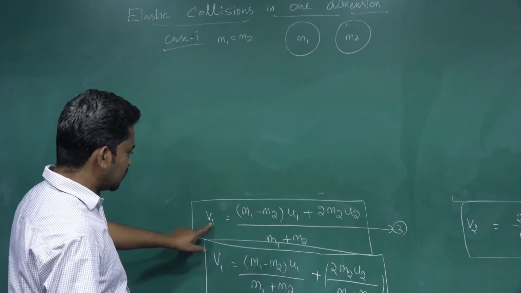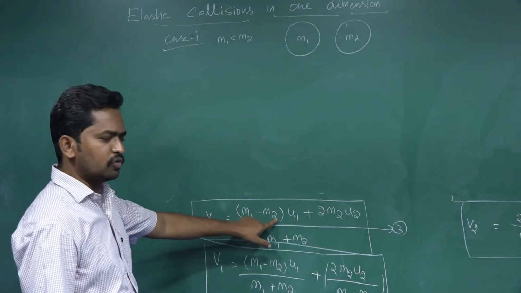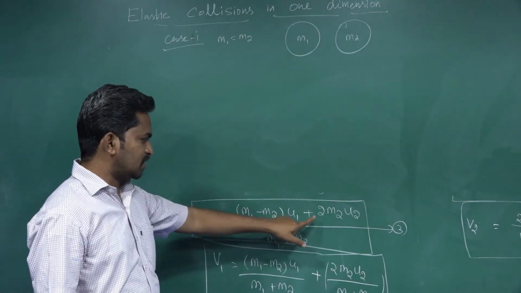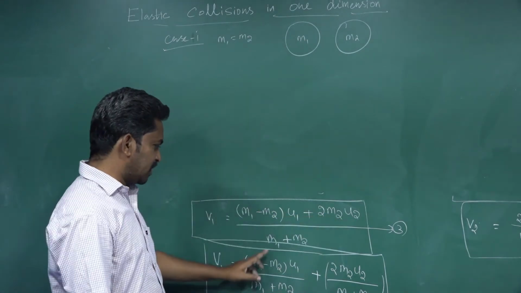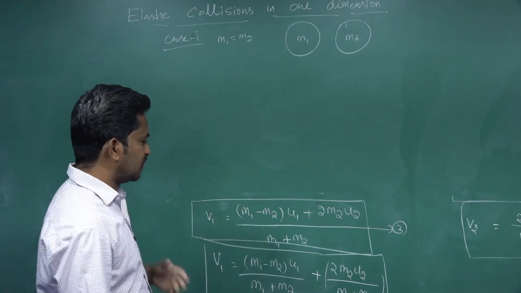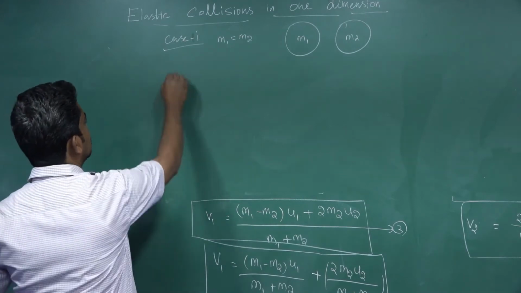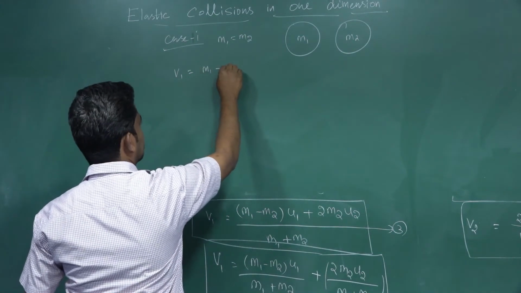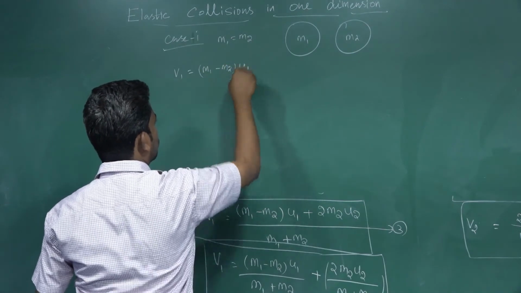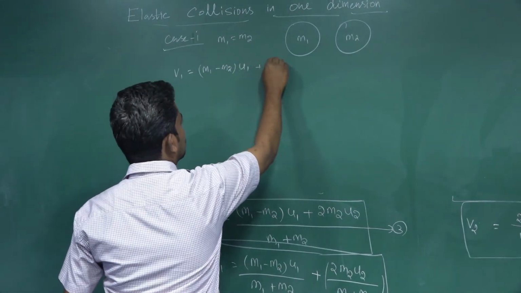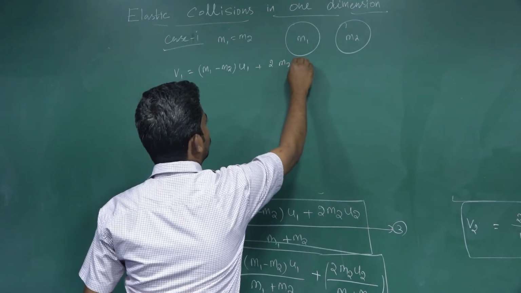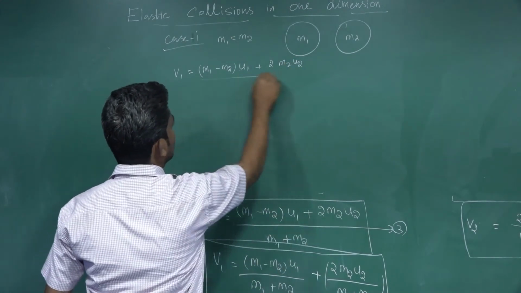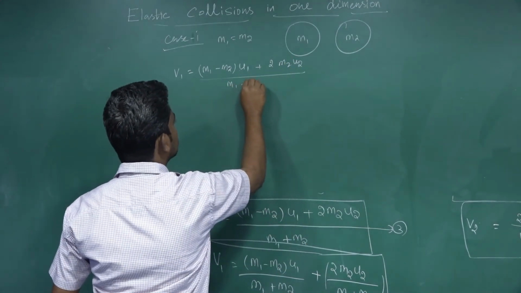You know well, v1 is equal to (m1 minus m2) of u1 plus 2m2 u2, whole divided by m1 plus m2.